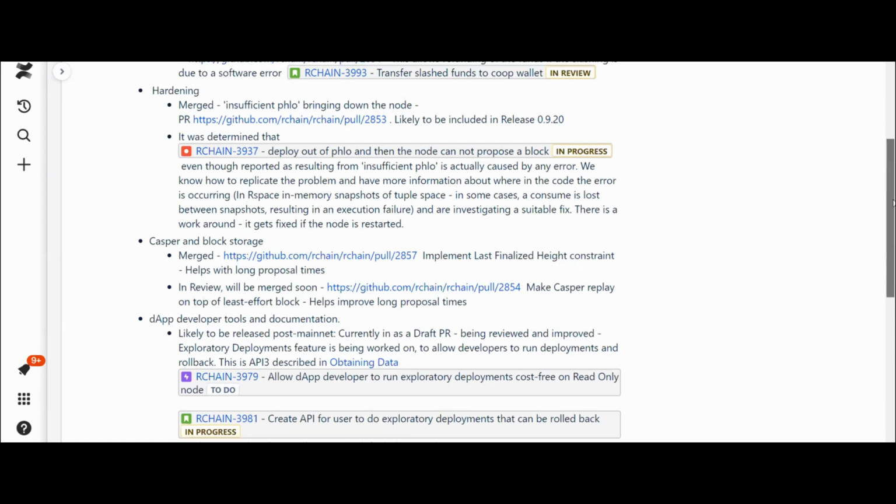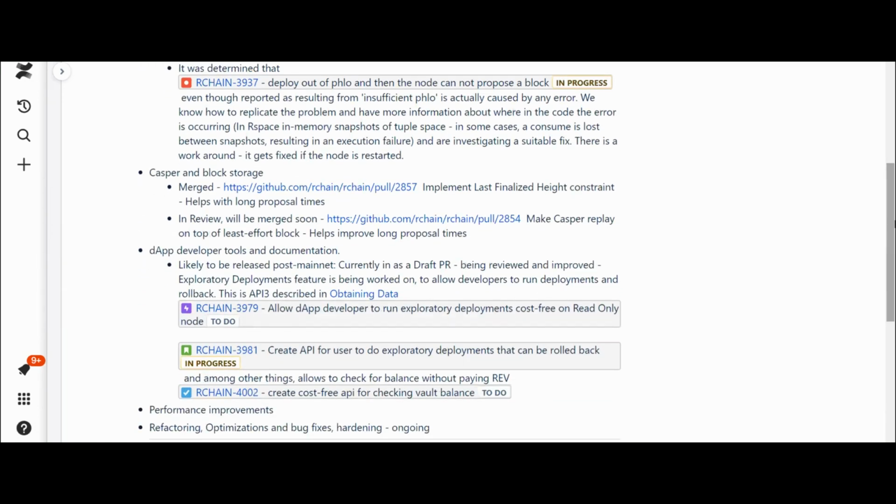We have put in some improvements in the Casper area. Daniel worked on these, NetZipper reworked these, and we have one merged and another one ready to be merged. Both these 2857 and 2854 PRs help improve the long proposal times.